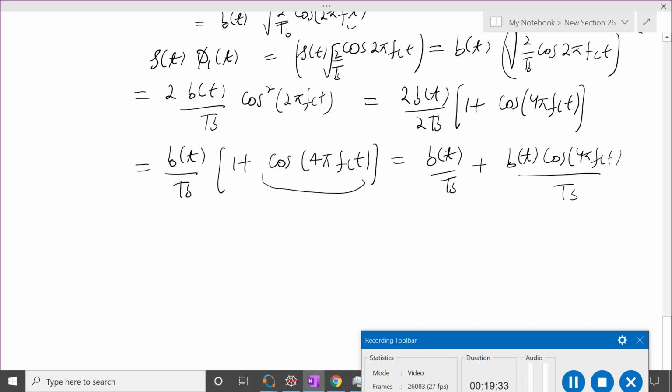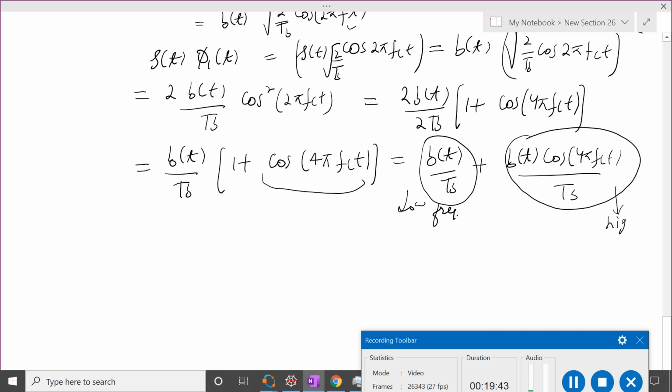The first is the baseband term, of low frequency, and in the second cos is multiplied with it; FC is a high frequency, so this is the high frequency term. The simplest solution is to use a low pass filter. When you use the low pass filter, the output will be B of t over TB.